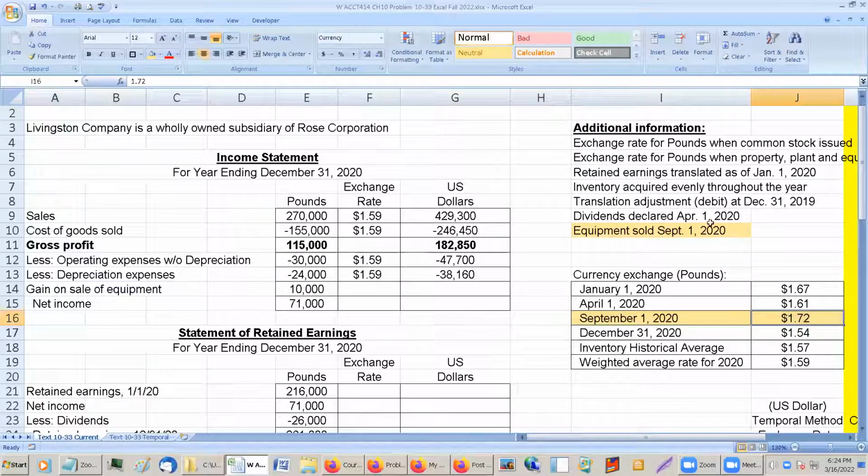So 170, okay, well, equipment sold. And it was a gain. I just did something stupid.